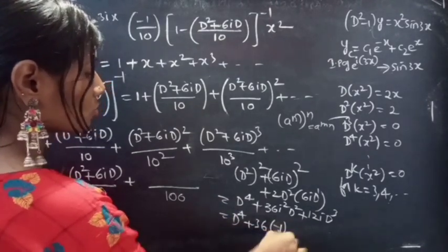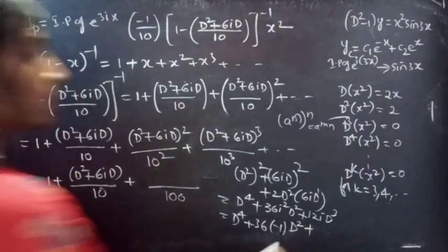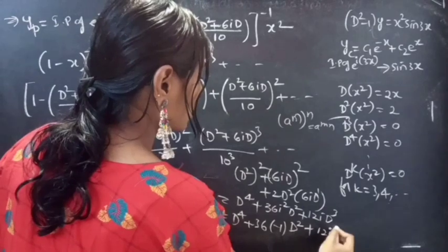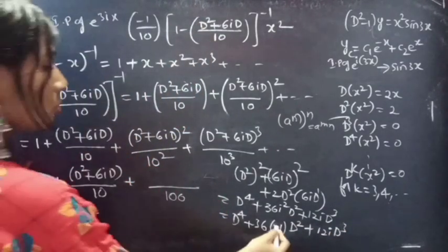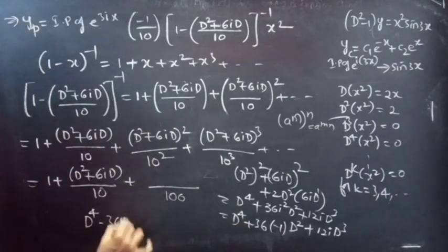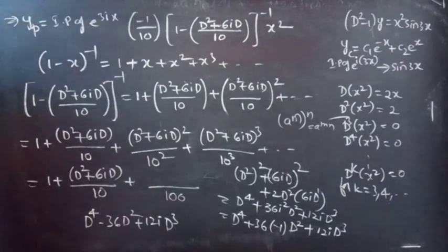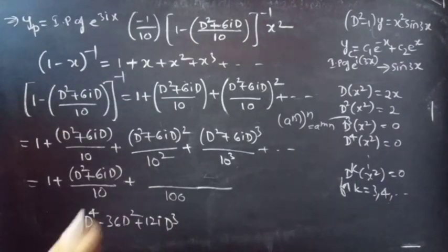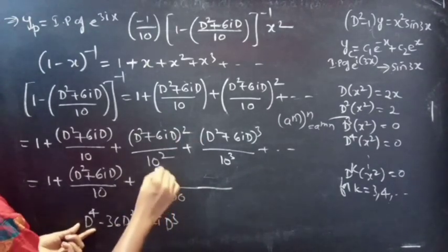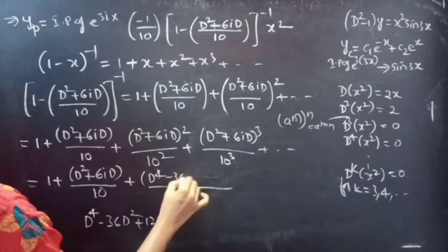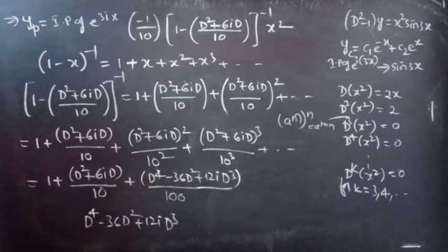We know that i² is −1, so you get −1 into d², so 36 becomes minus 36d² plus 12id³. So the expansion of (d² + 6id)² is d⁴ − 36d² + 12id³, right?